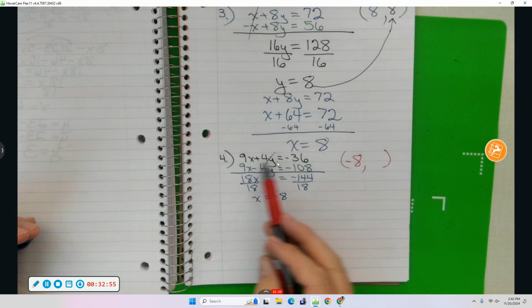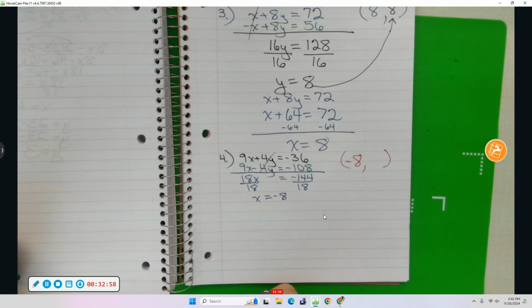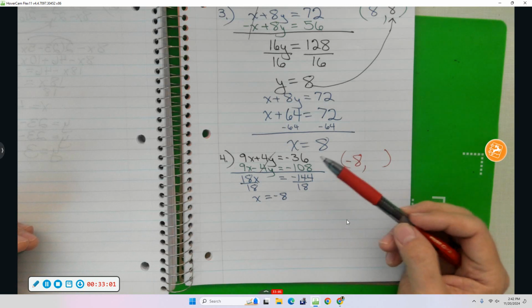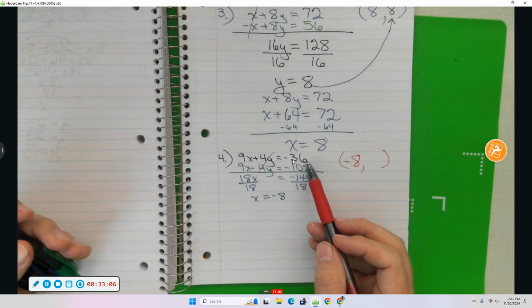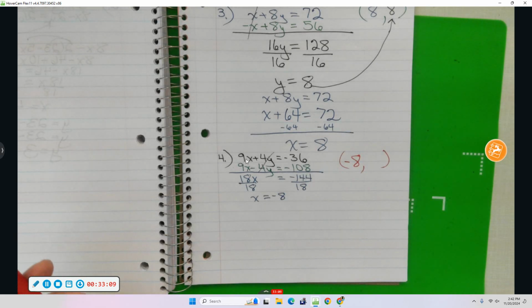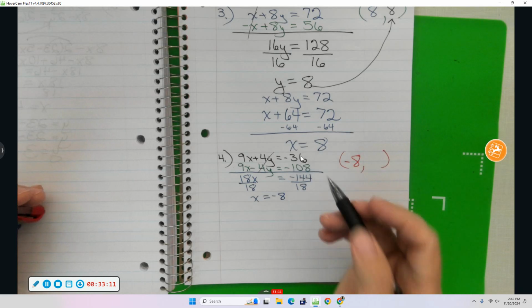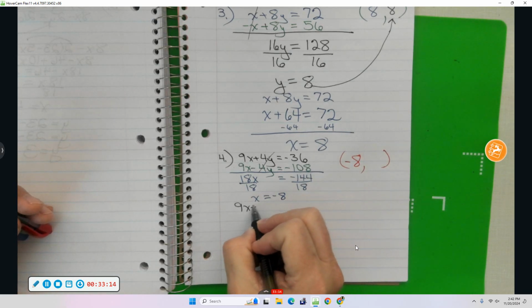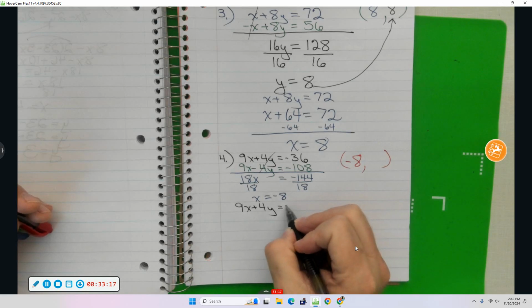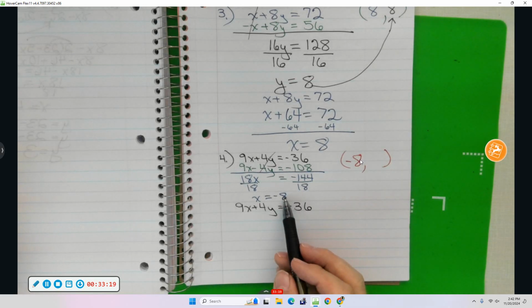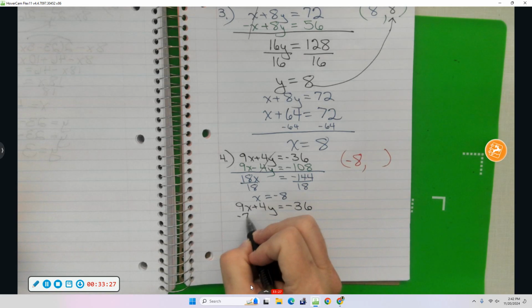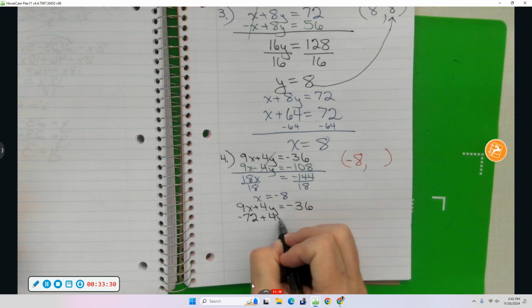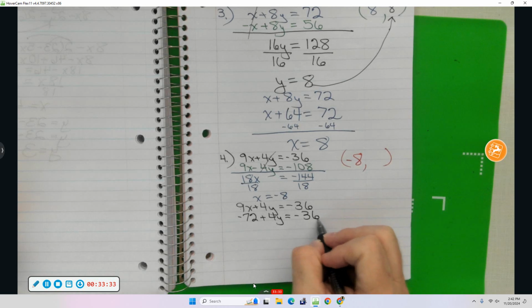We're going to have to plug in to find the y value. I'm going to use the one that has the smaller number, the negative 36. Technically, I guess it's bigger, but the smaller magnitude, I'll say. I'm going to use 9x plus 4y equals negative 36. Plug in negative 8 for x. 9 times negative 8 is negative 72, plus 4y equals negative 36.